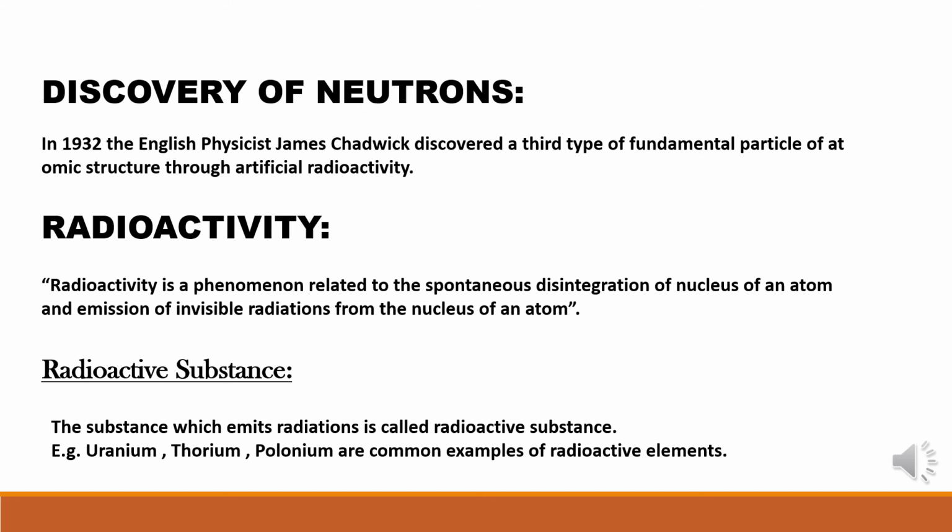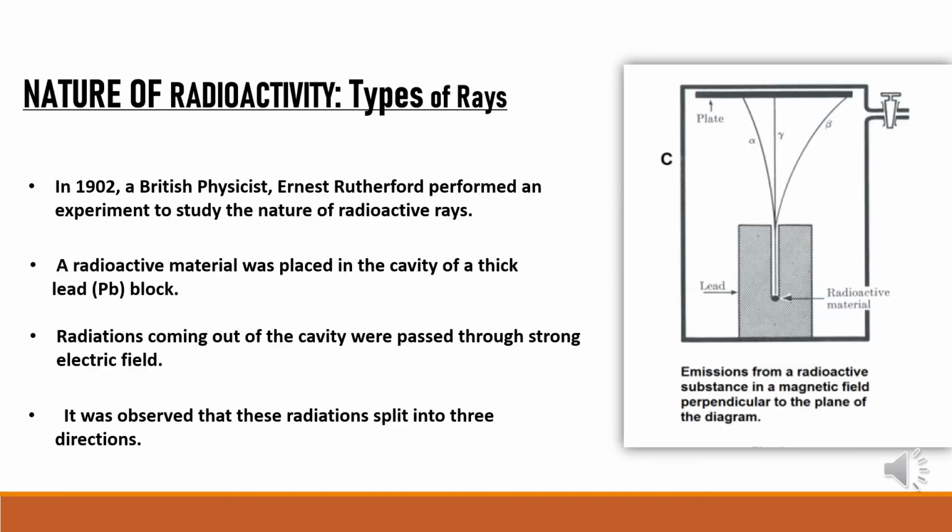Now, there are certain specific radioactive substances. These substances are uranium, thorium, polonium. The substances which emit radiations are called radioactive substances.